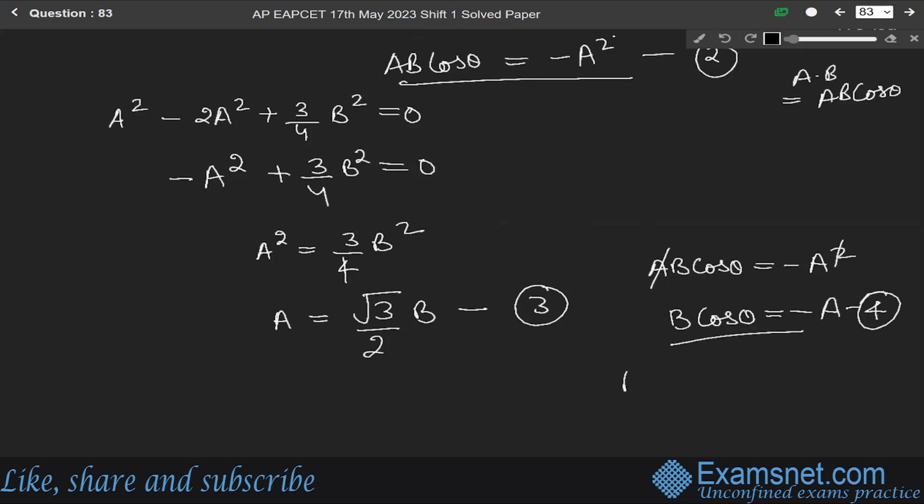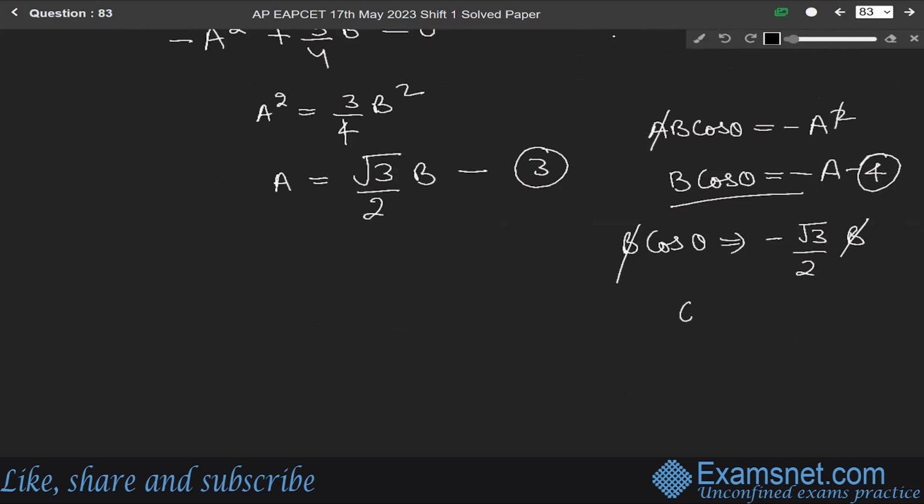Now putting the value of A from equation 3, we write B cos theta will be equal to minus root 3 by 2 B. This B cancels, so we get cos theta equals minus root 3 by 2. It means theta equals cos inverse of minus root 3 by 2.